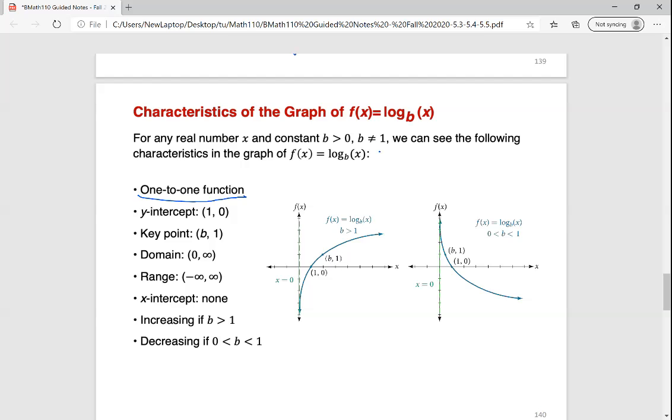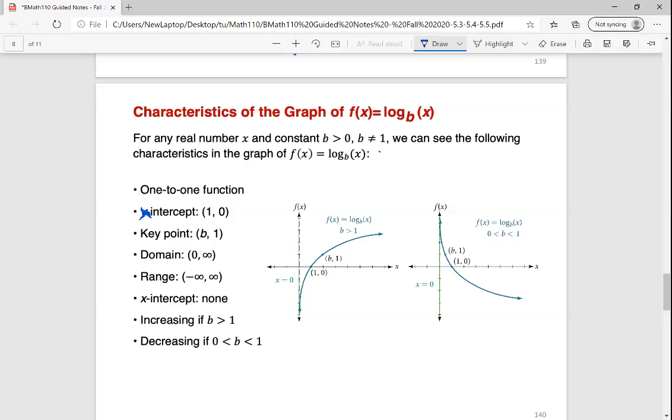Secondly, its y-intercept is (1, 0). Actually, this should be the x-intercept. There's a typo here. Let me change it. X-intercept. So remember that this is the x-intercept, not the y-intercept.